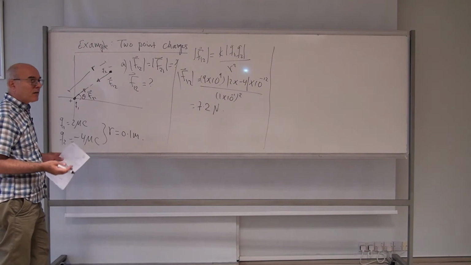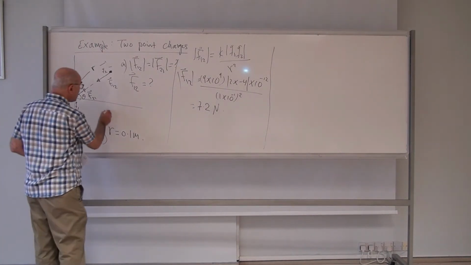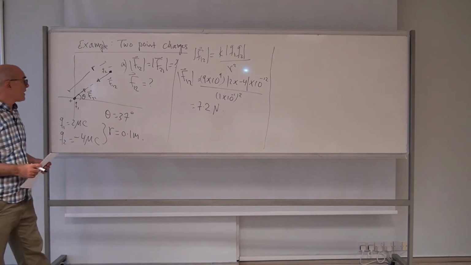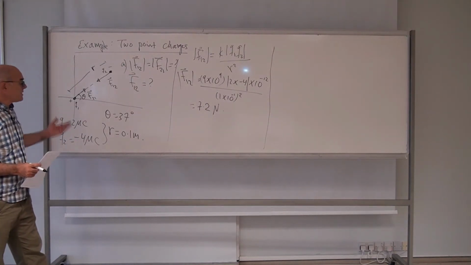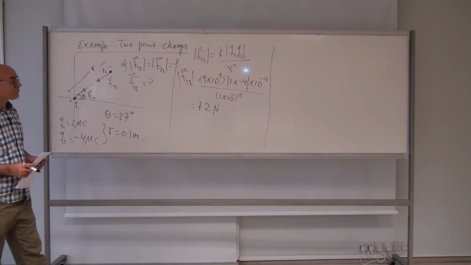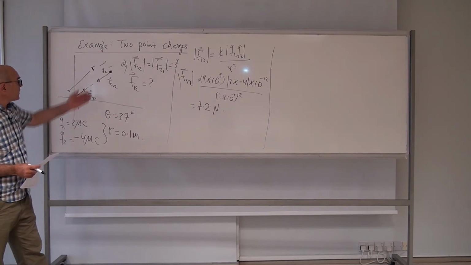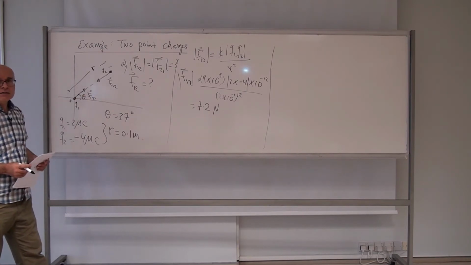In the problem, theta is also given, and this theta is equal to 37 degrees. I'm assuming that this is also given. Now, with this information, you want to express F12 as a vector.